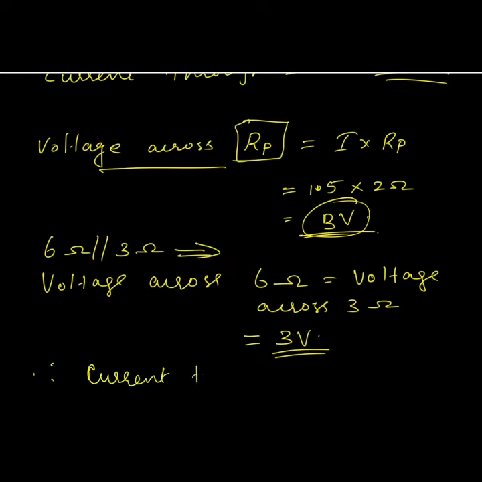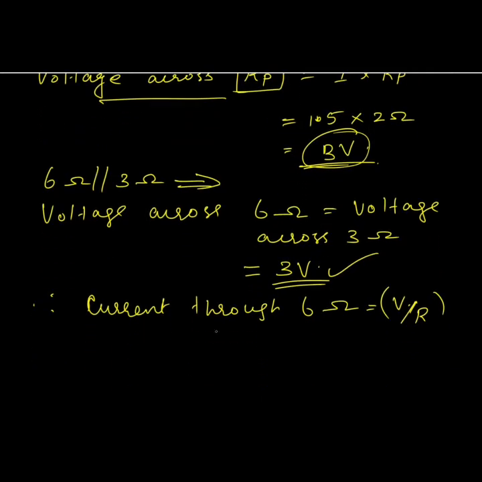Current through 6 ohm is voltage divided by resistance, that is Ohm's law, isn't it? So the voltage across 6 ohm is 3 volt, resistance is 6 ohm, so you get 1 divided by 2, that is equal to 0.5 ampere.